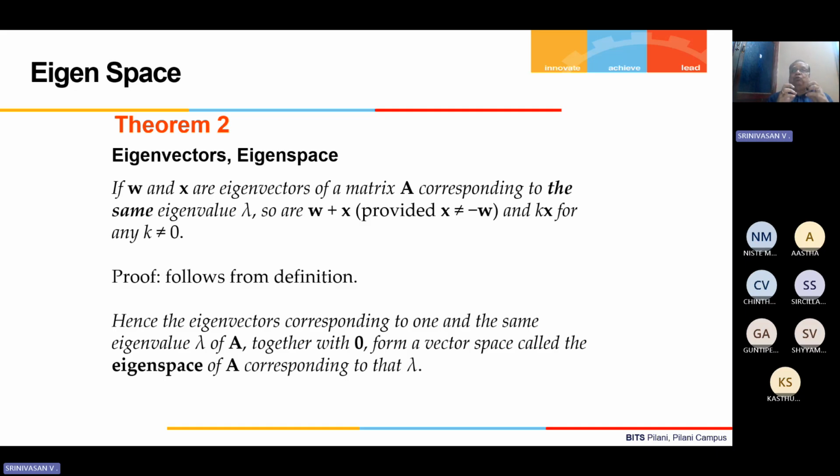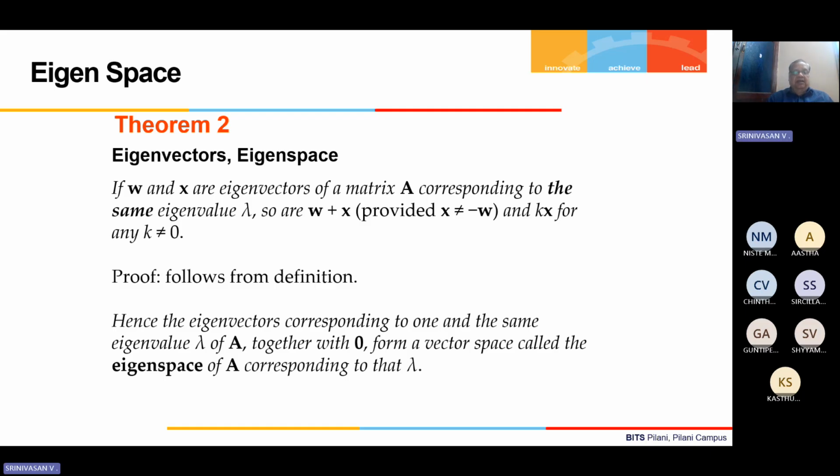So when you have 2 different eigenvectors corresponding to the same eigenvalue, that is possible. We are going to see. Then their addition and the scalar multiplication are also eigenvectors.